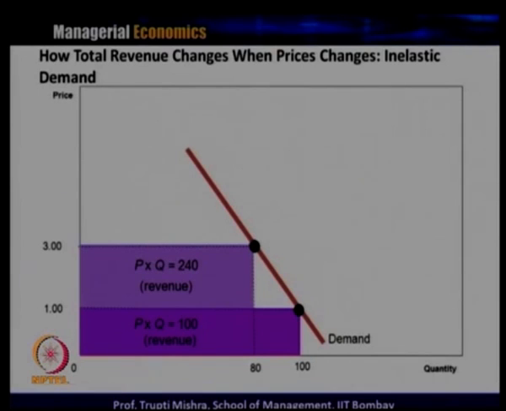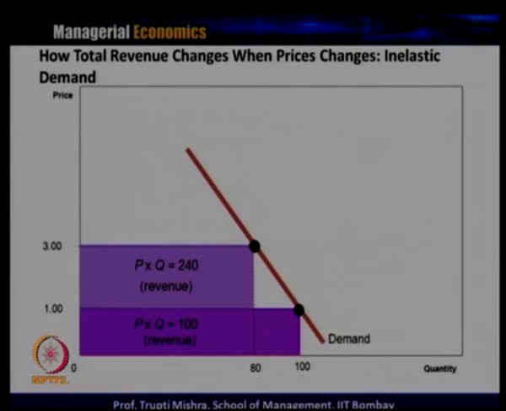Now, price increases from 1 rupee to 3 rupees. Remember, this is the case of inelastic demand, where the responsiveness of the buyer is less as compared to elastic demand. So, even if the price changes from 1 rupee to 3 rupees, which is more than double, the quantity demanded is changing by just 20%, that is 80 units, because this is the case of inelastic demand.